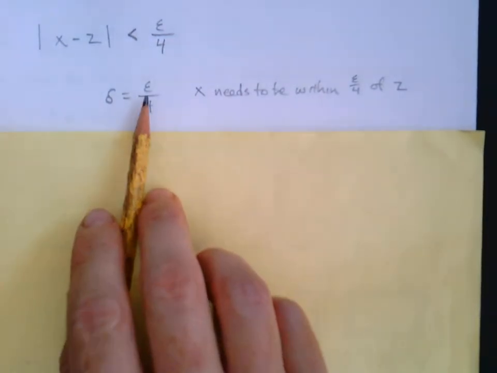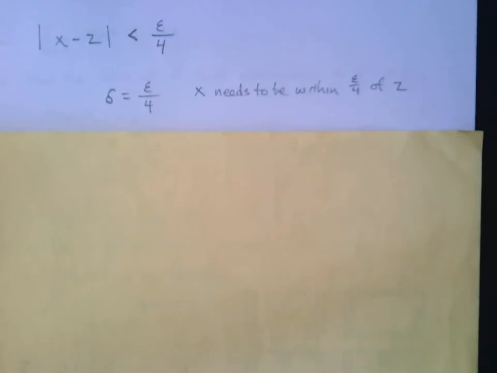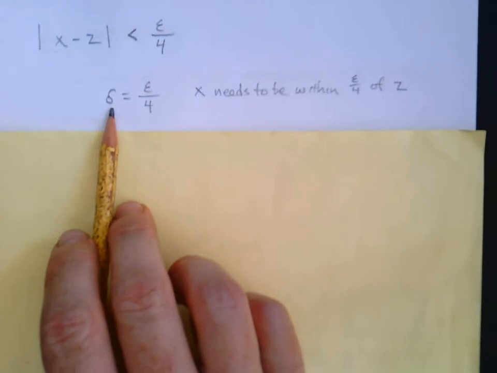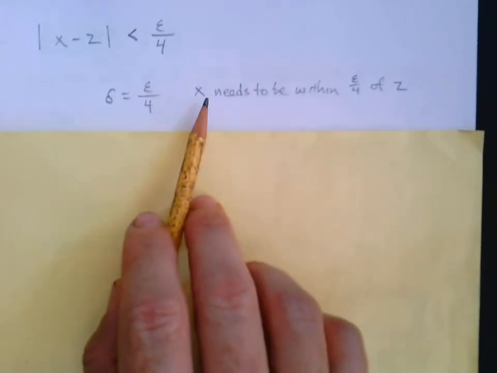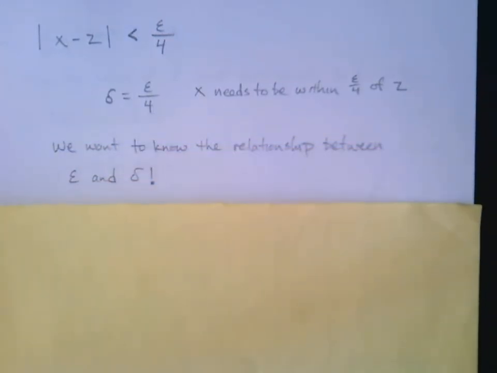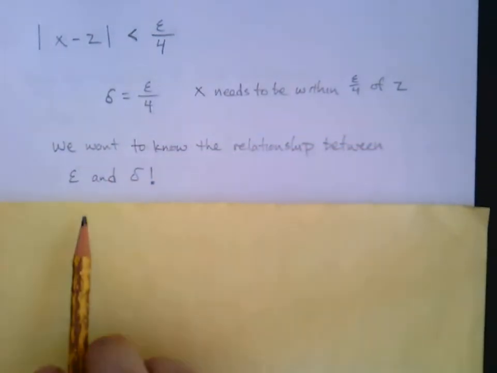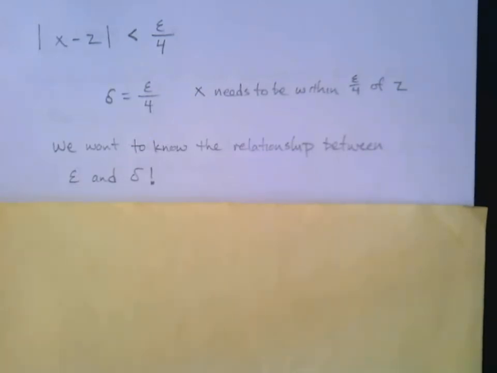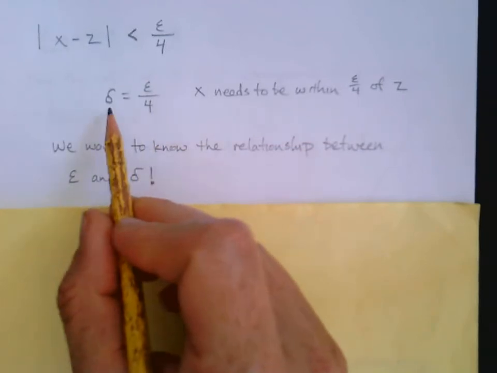You could pick epsilon to be as tiny as you want it to be, and with that relationship we can very quickly find out how close x needs to be to 2. So what we really are after is that relationship between epsilon and delta. That is critical for the precise definition of a limit. Whatever you pick for epsilon, in this case, divide it by 4.